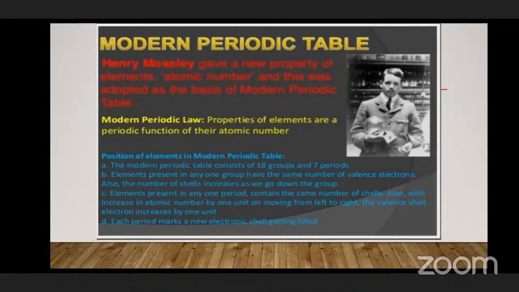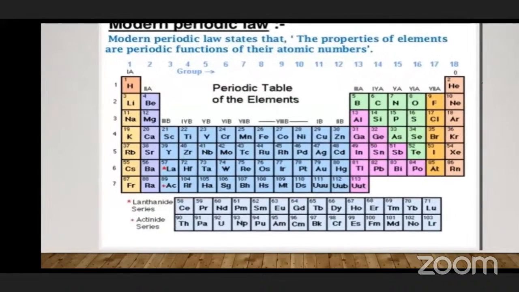After that, let's take the next point. If we take hydrogen in the same period from left to right, hydrogen is 1s1 and helium is 1s2.